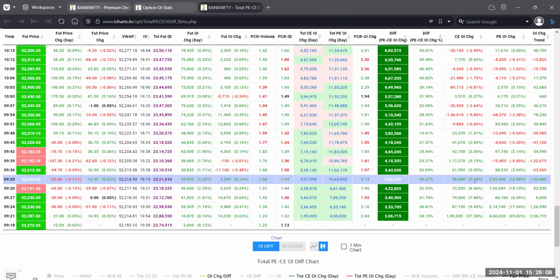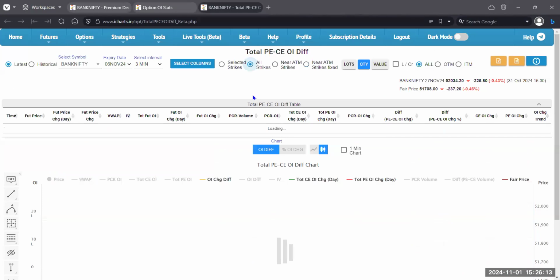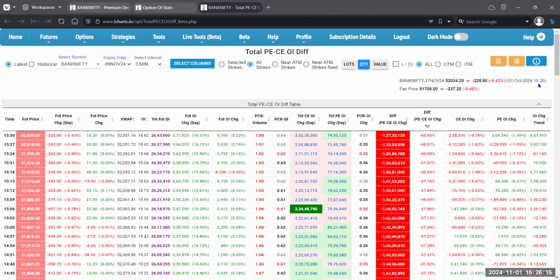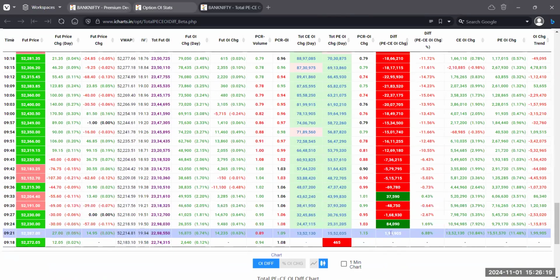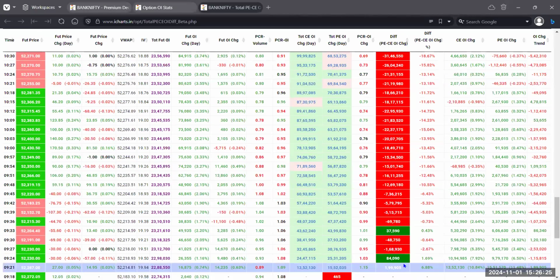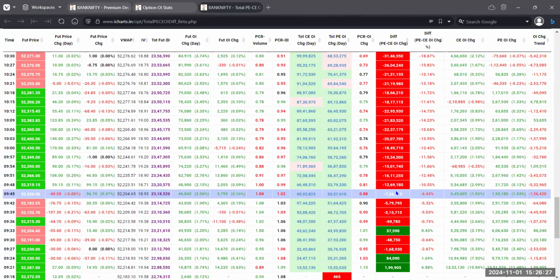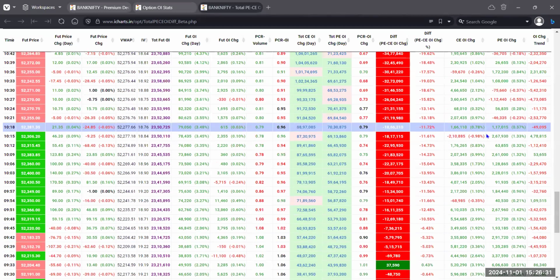And then after that, if you are using all strikes, ideally for direction, you got to use all strikes. And now here it says it started with being bullish and then it got bearish. And once the trend has taken hold, you need to watch for large unwinding.